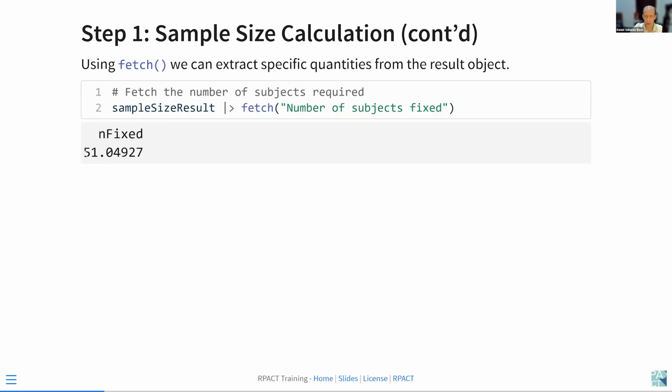And you see 51 was a little bit rounded here, so with 51 exactly I will be slightly below 80% power. If I want to make sure to have at least 80% power, I would go with 52. That's anyway better because we can divide it by 2, because we have two groups. Okay, so this is useful with the fetch.